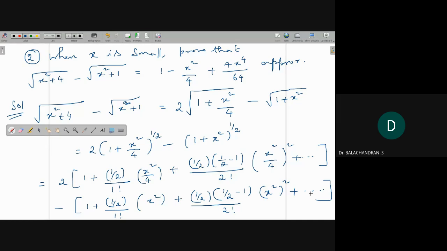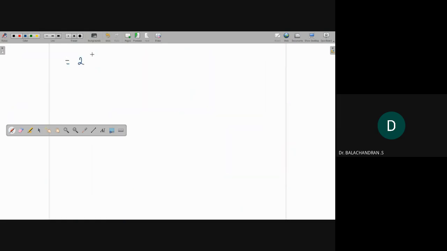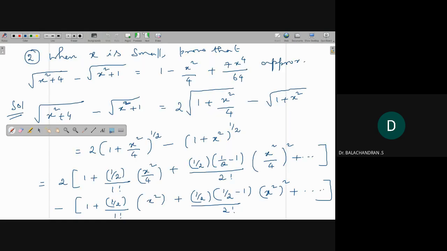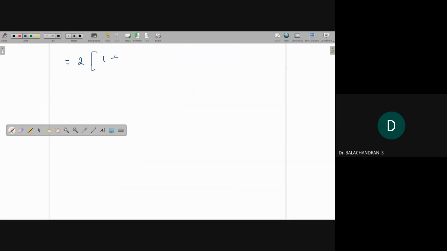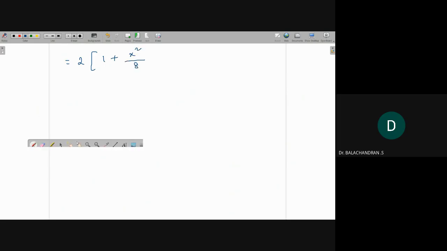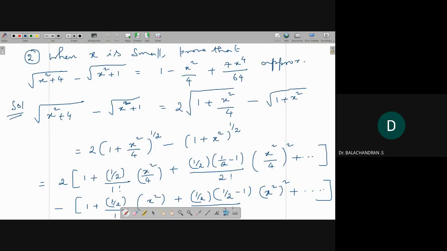So now simplify and tell. Took 2, that is equal to 2 into 1 plus x square by 8, 1 plus x square by 8. And what is this? This is half, half, half, 1 by 8.